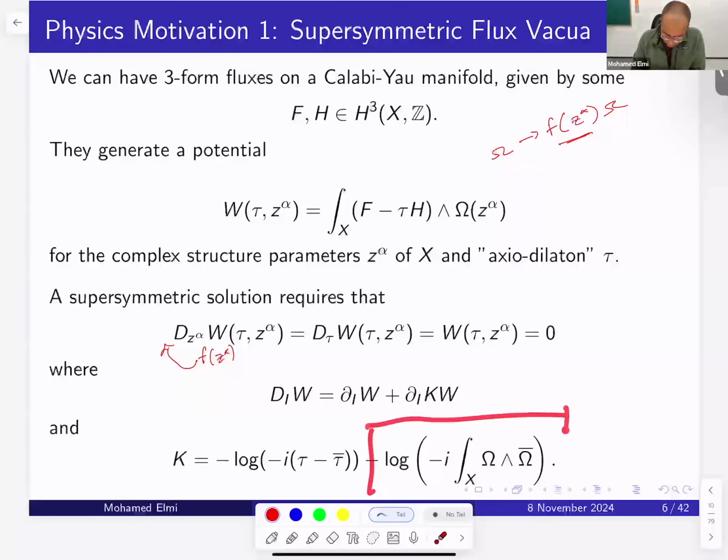This second term is a Kähler potential on the space of complex structures of your Calabi-Yau. The space of complex structures on a Calabi-Yau itself is a Kähler manifold, it's a special Kähler manifold. This is the name people use. And we'll see this again in a minute.